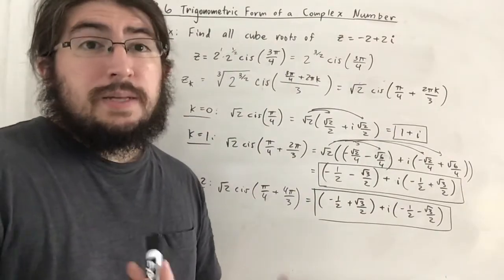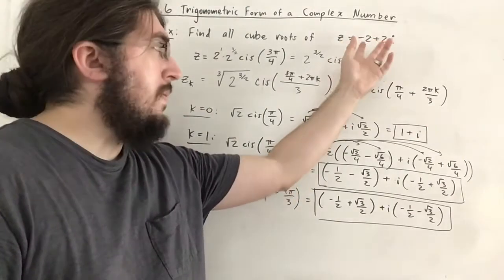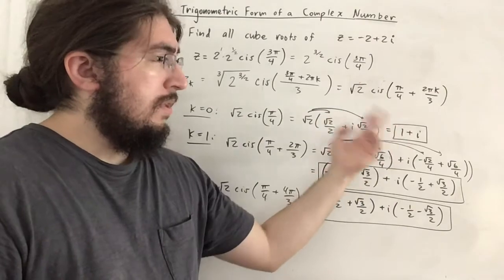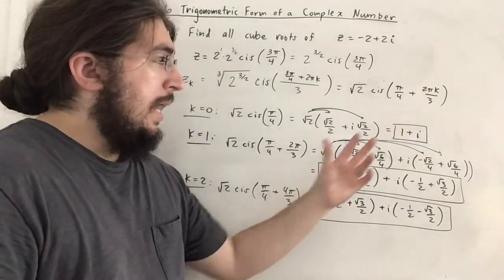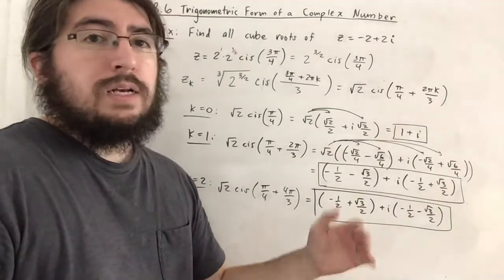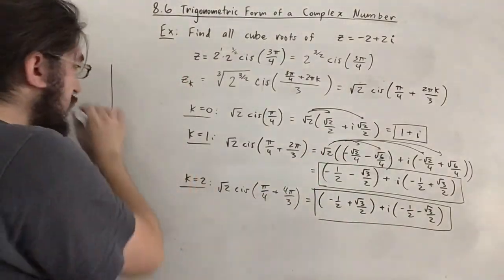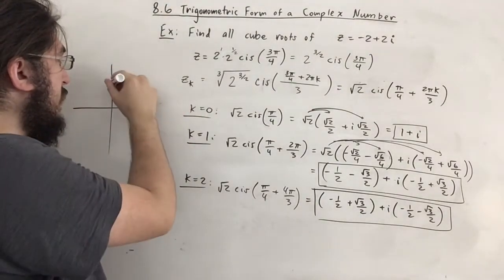And notice you get exactly this, which is equal to that. So we're just basically running this argument backwards. What's kind of nice is that we can plot one of the cube roots, let's say 1 plus i, on the complex plane, and then these other ones will be 120 degrees away from this. So let me try to show that a little bit. Notice I've erased what we had here. 1 plus i would be over here, let's say.